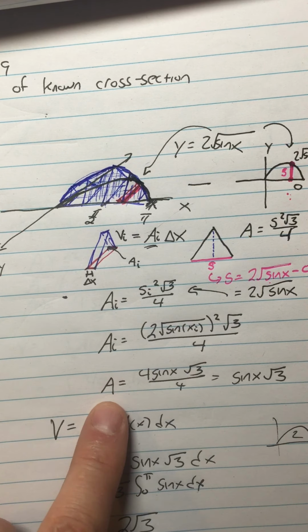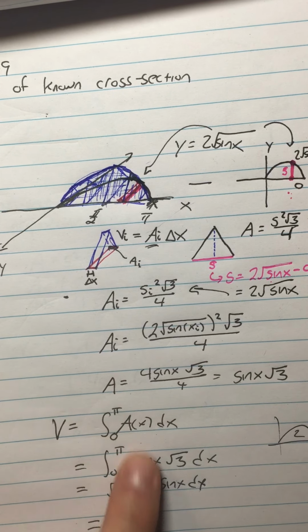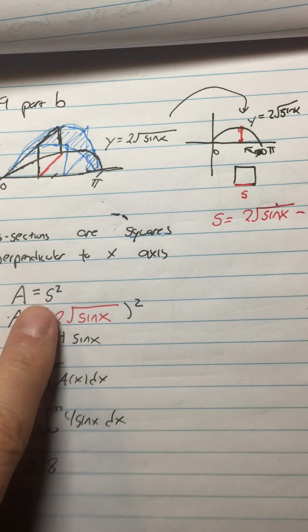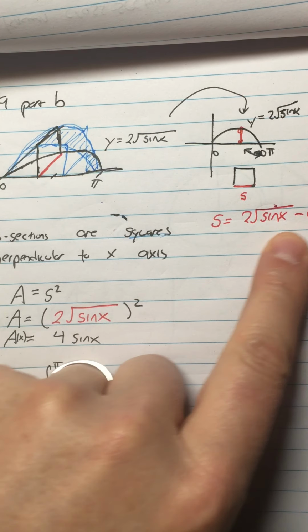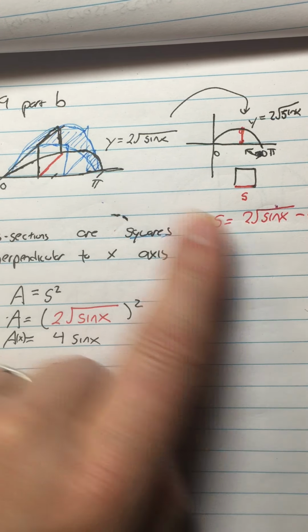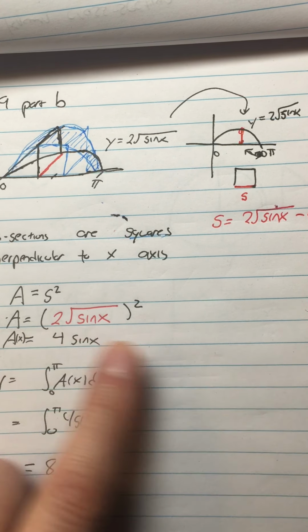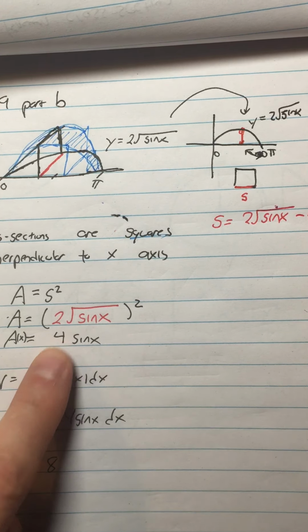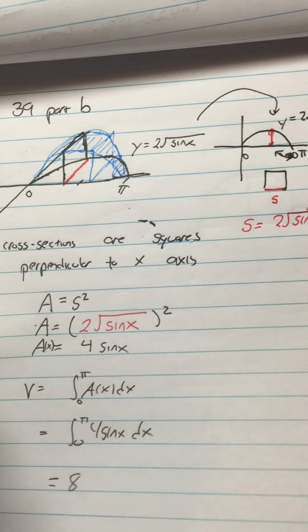Then put those together to get area in terms of x or y, and then integrate that. That's what we did here too: find an equation for the area, find an equation for S, the side that's in the figure, plug the S into the area formula, and then integrate in x or y.